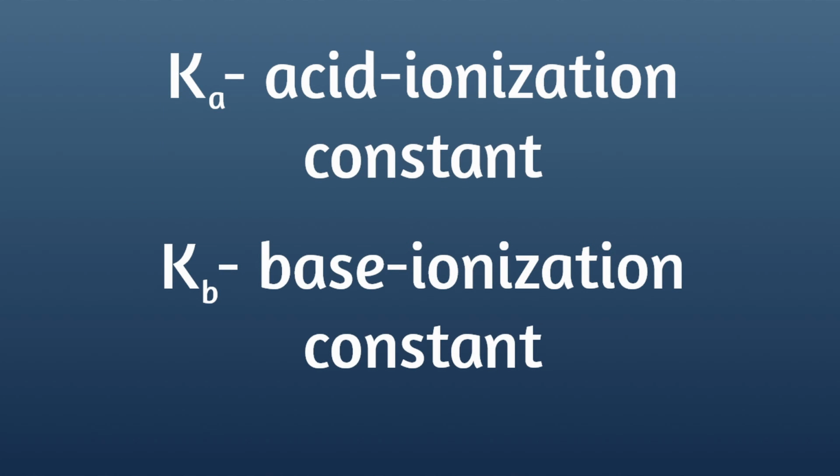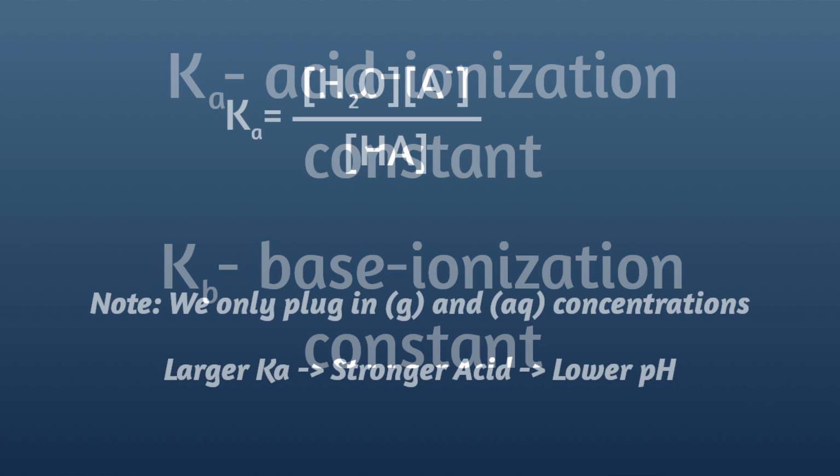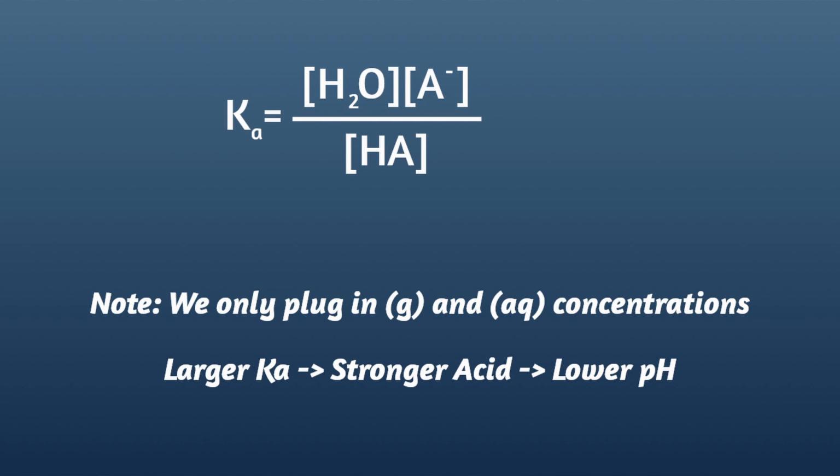Ka is the acid ionization constant. This is derived just as our Kc in our equilibrium video, and in this way, Ka is a measure of how thoroughly an acid-base reaction proceeds in the following direction.